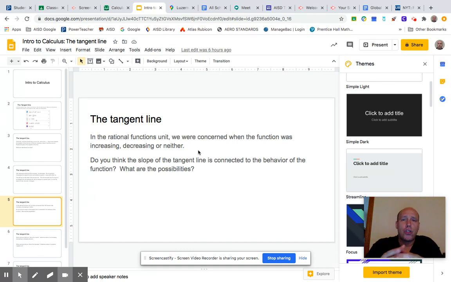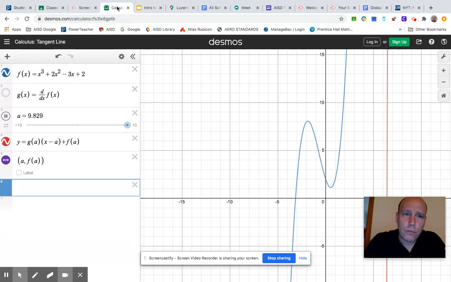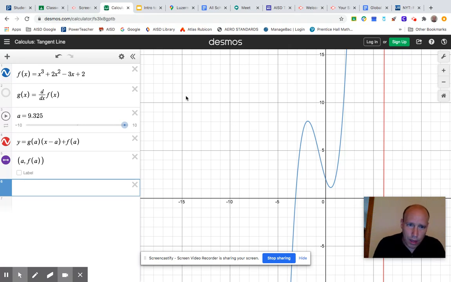So the tangent line. I'm sorry, let's go back to Desmos for a second. So the next question I asked was, what is this equation?